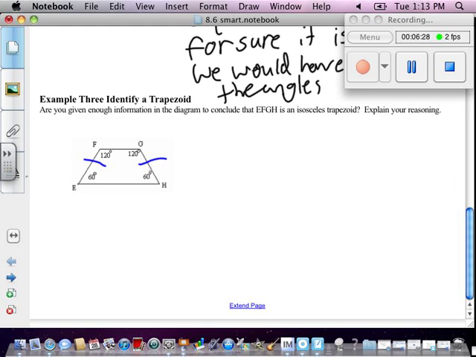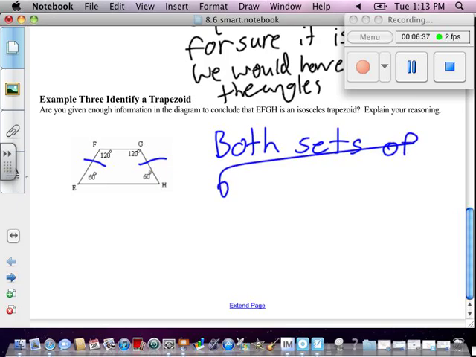Yes. So it is an isosceles trapezoid. Both sets of base angles are congruent.